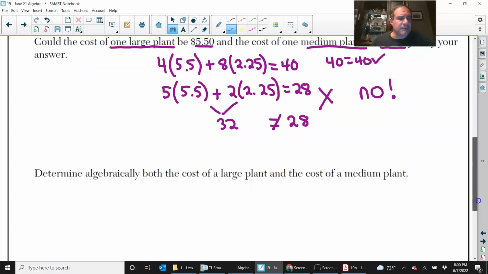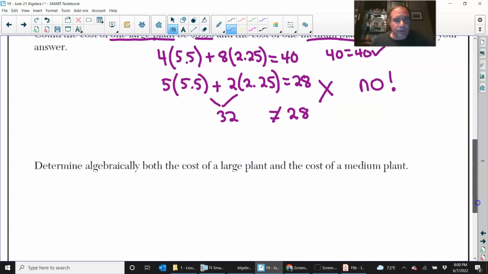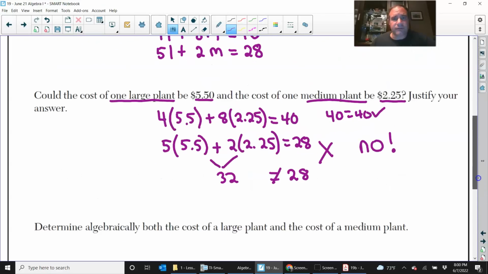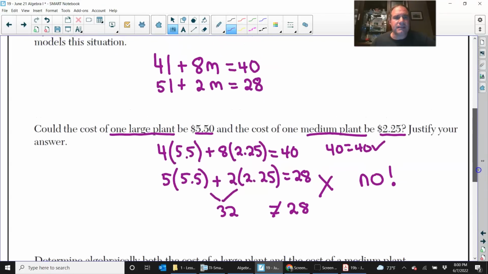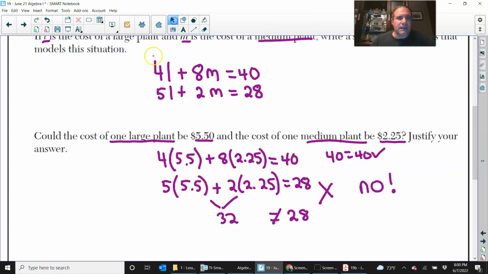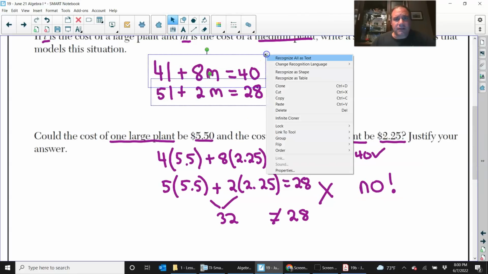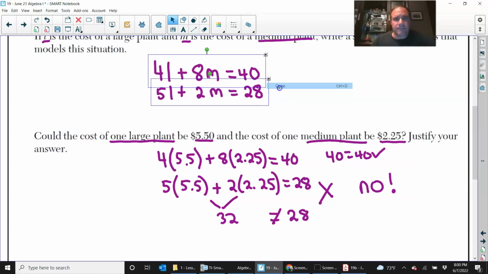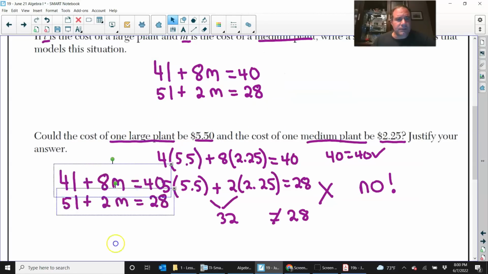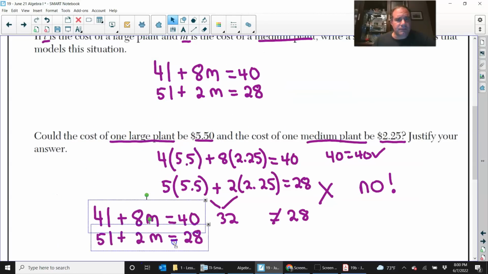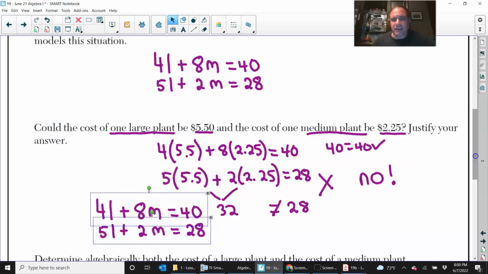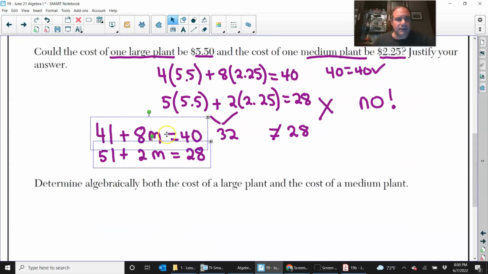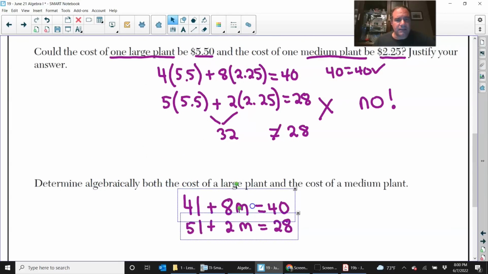Determine algebraically both the cost of the large plant and the cost of the medium plant. So they want you to take this right here and solve it. So there's a lot of work here. All right. So I'm going to clone this and just put it down here, because we have to move it down and rewrite it.